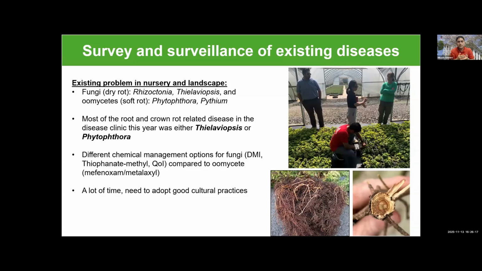We need to really understand if it is a fungus versus an oomycete, because some of the fungicides that you apply for oomycetes, for example mefenoxam and metalaxyl, don't work or do not have the same efficacy on fungi. And likewise, for the fungal pathogens you can spray diamide fungicide, thiophanate-methyl, or azoxystrobin, and not every one of them will work for oomycetes. So you need to really diagnose the pathogen so that you can tailor your management recommendations.